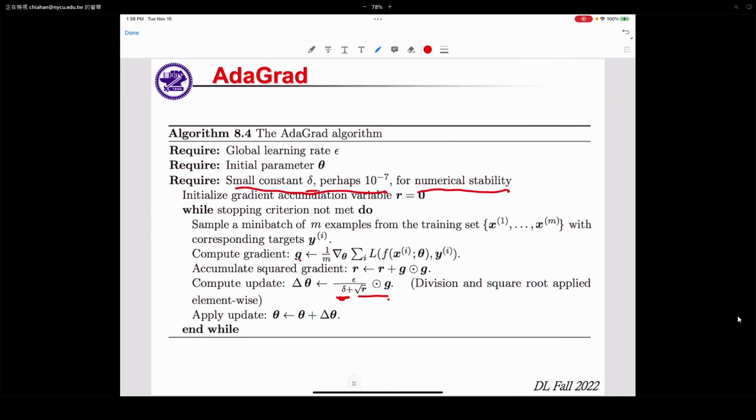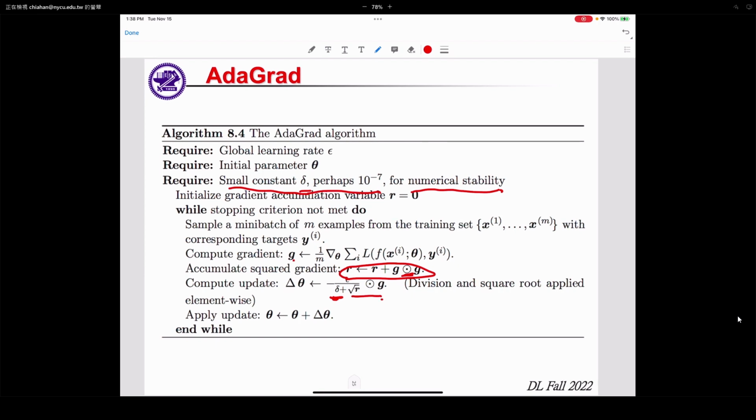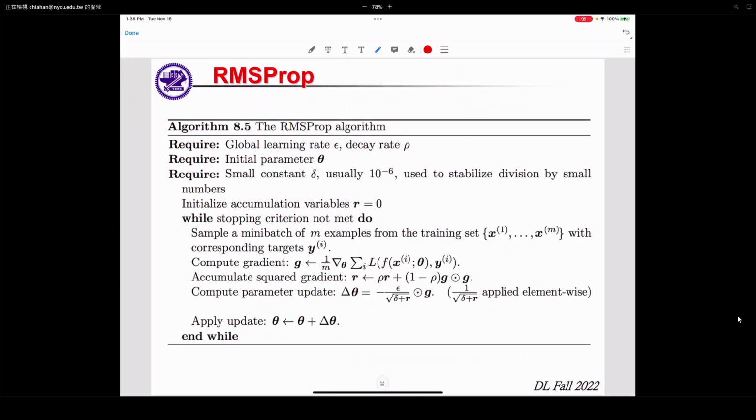So here is R equals R plus G times G. So this is an element-wise multiplication. Right? And here you see R equals rho R plus (1 minus rho) times G times G.